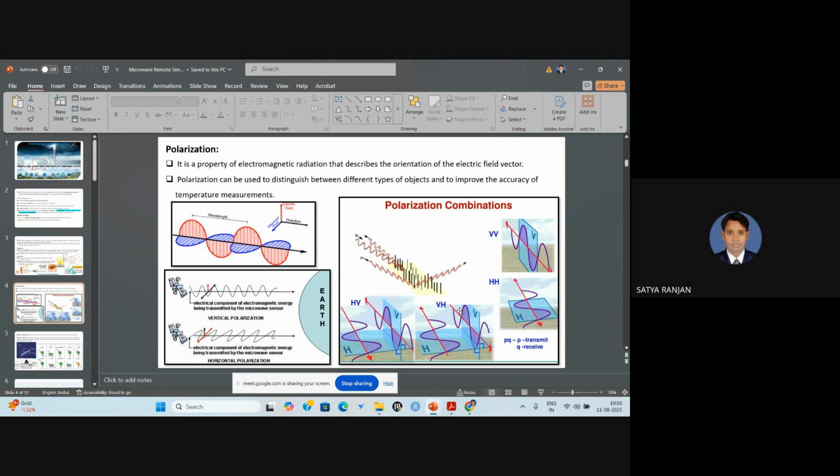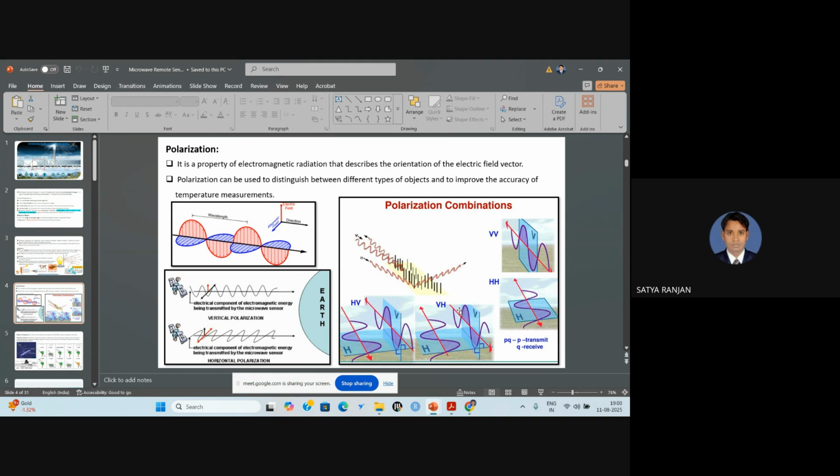Suppose a microwave sensor is transmitting rays from its own source, then it reflects back from the surface of different features. This backscattered radiation is not the same as the incident radiation.